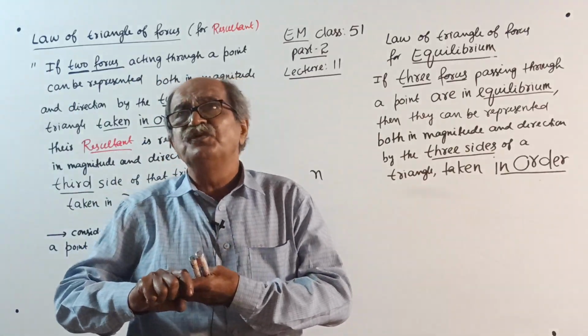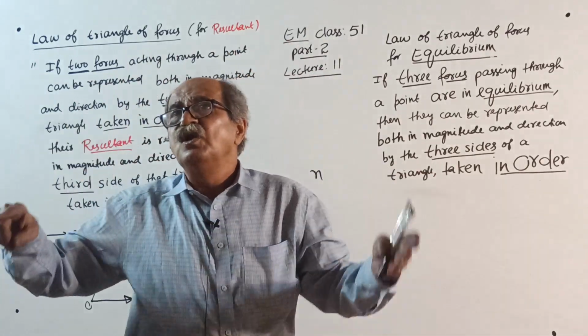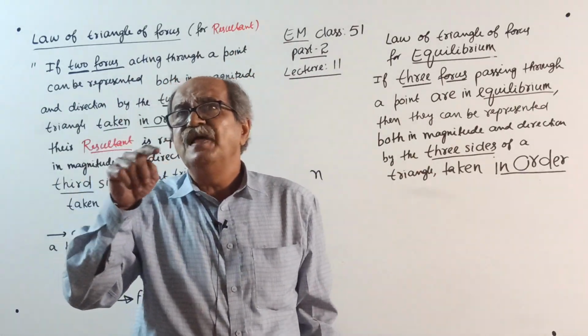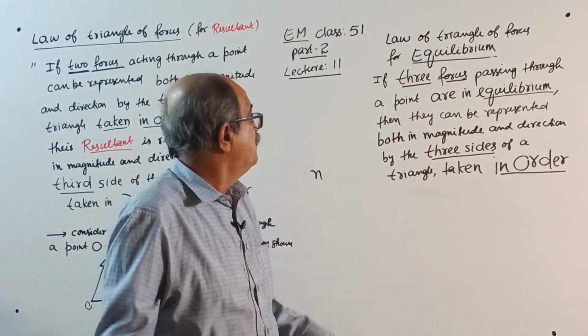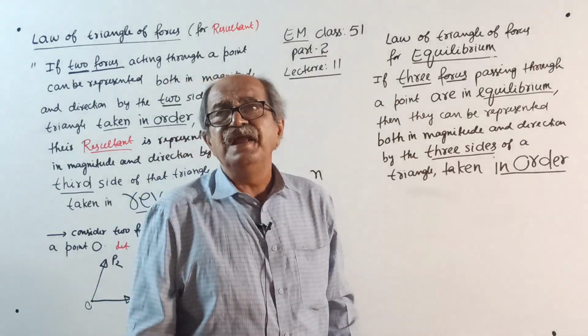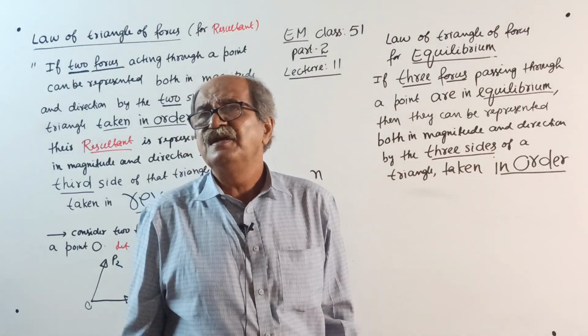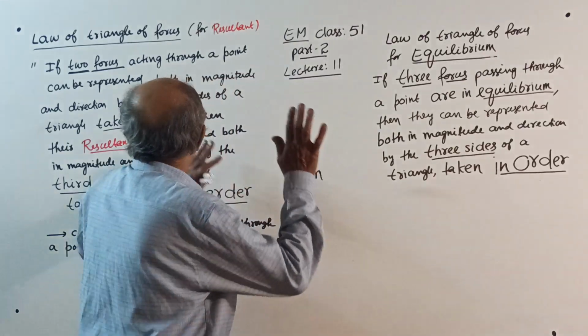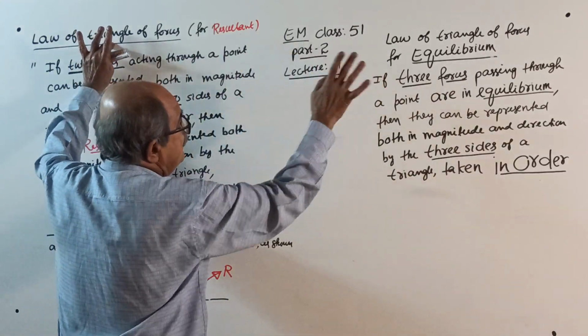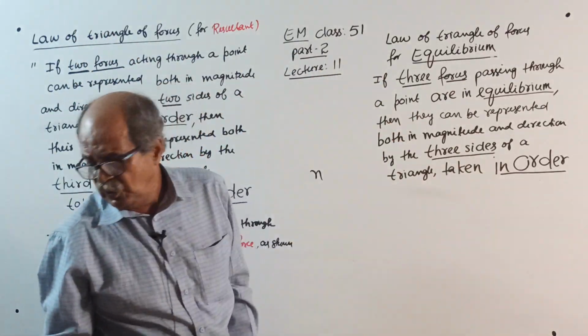So if there are 8 forces, the regular polygon should have 8 plus 1, 9 sides. The 9th side is for resultant. But if the 8 forces are in equilibrium, there is no resultant, then the regular polygon will have only 8 sides. I will first explain law of triangle of forces, then I will go for law of polygon of forces.